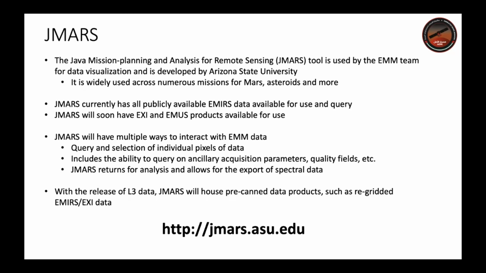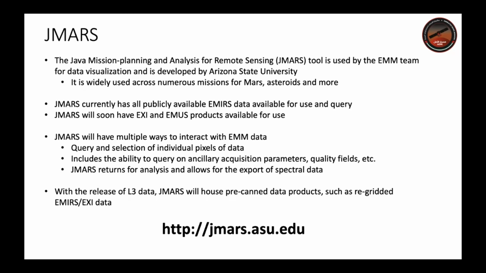So again, just go to jmars.asu.edu to download this. You should create an account as well, and you have all of the data that are released, at least for EMIRS right now, in the JMARS tool.